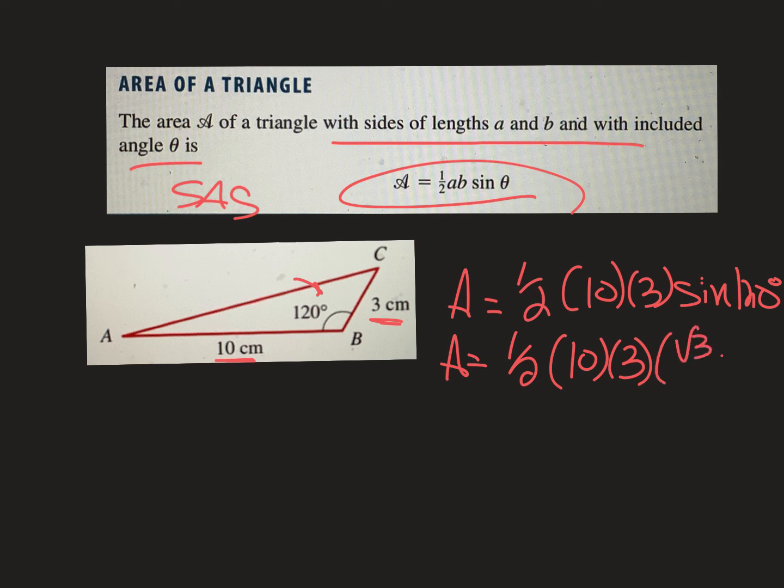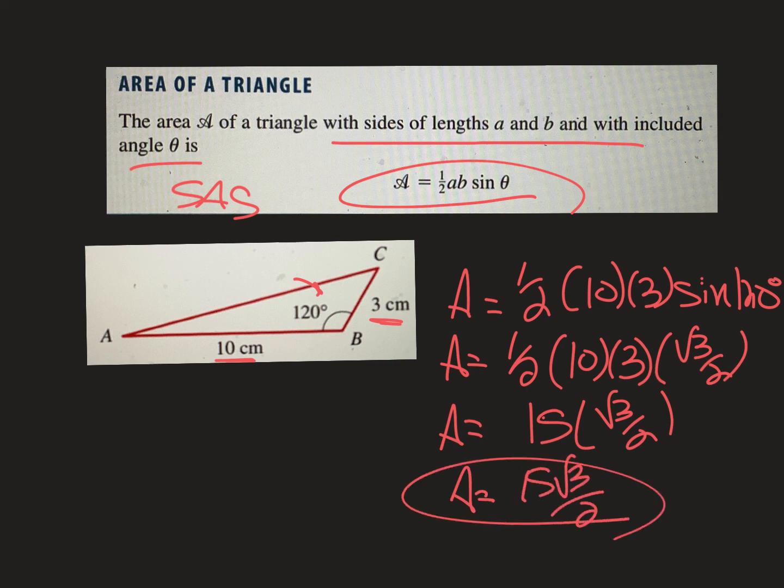And it's positive because sine is positive in quadrant 2. Half of 30 is 15. So it's going to be 15 times the square root of 3 over 2. Sorry about that delay right there. And I get 15 root 3 over 2 for the area.